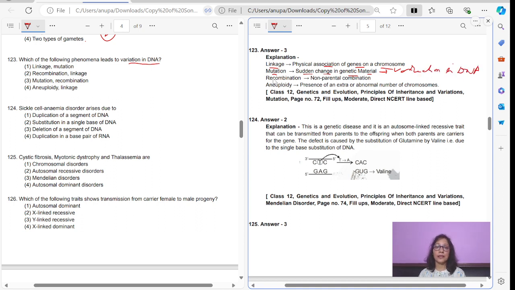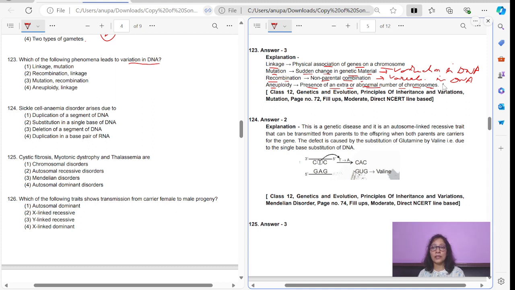The next term is recombination. Recombination means non-parental combination, and non-parental combination will lead to variation in DNA. And the next term is aneuploidy. Aneuploidy means presence of an extra or abnormal number of chromosomes, that is, presence or absence of chromosomes, which leads to an abnormal number of chromosomes.